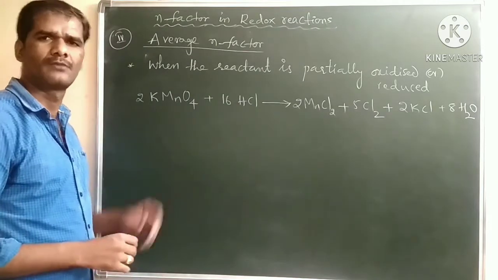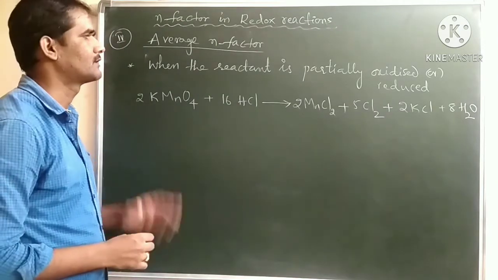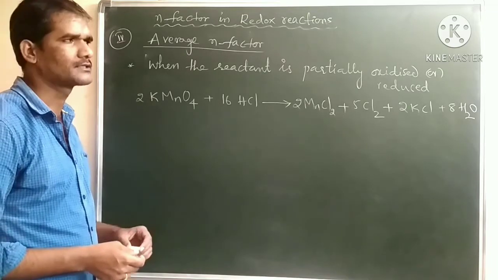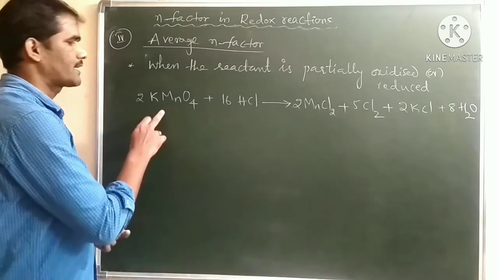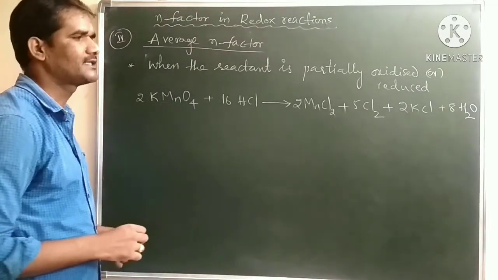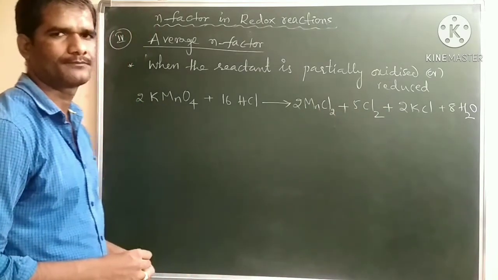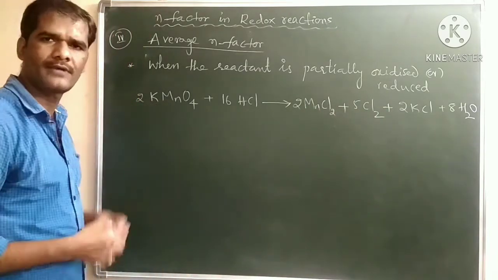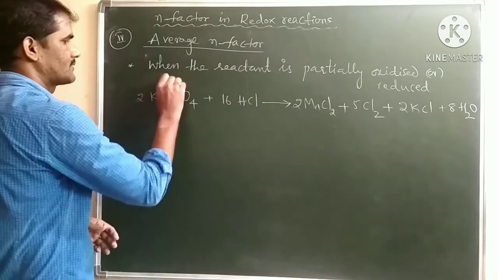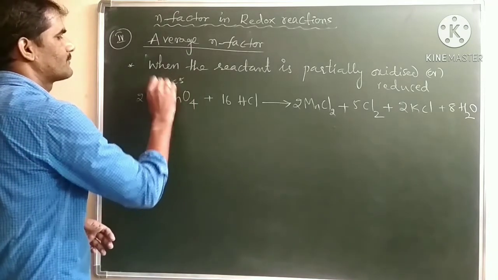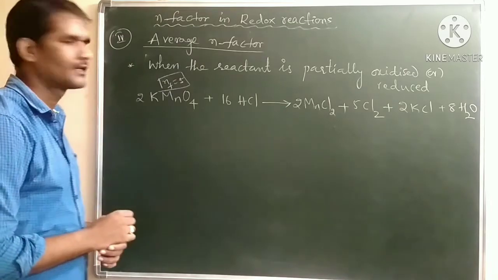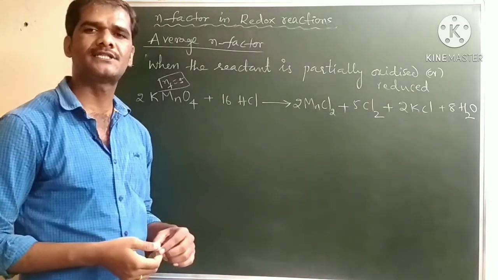Now let us take one more example, where the reactant undergoes partial oxidation or reduction. Again KMnO4, when you treat it with HCl, will give MnCl2, chlorine and KCl. Again, KMnO4 as usual has an N factor of 5 in acidic medium. Now again our focus is on HCl.